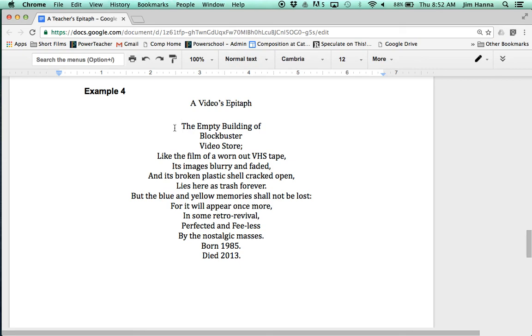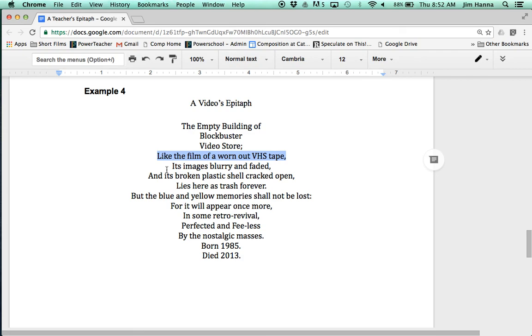The empty building of Blockbuster video store, like the film of a worn-out VHS tape. Okay, so he's comparing here an empty Blockbuster video store to a VHS tape that store might sell. Makes sense, right? In this case, these two things are really closely related.